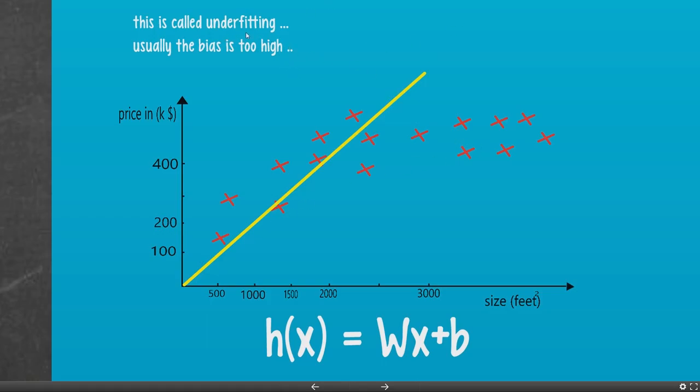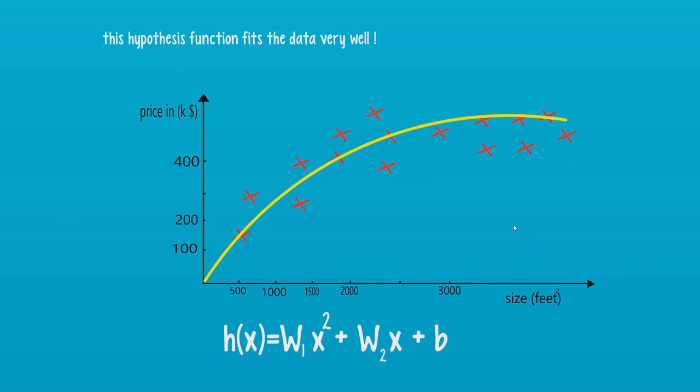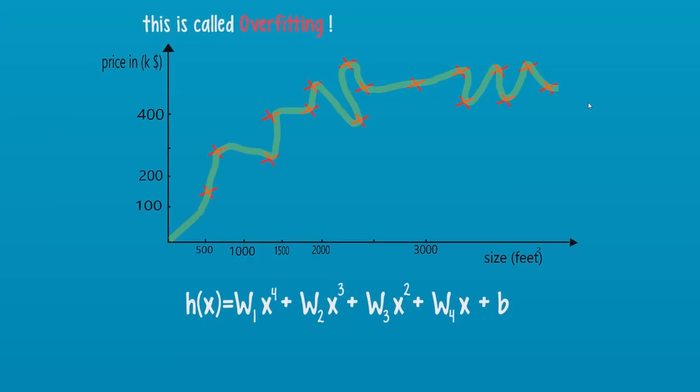So this is called underfitting because it doesn't even fit the training data. This is the training data. And we said the quadratic function is the best solution, and you can see that it is the best solution because it fits the data pretty well. And now the problem is this.